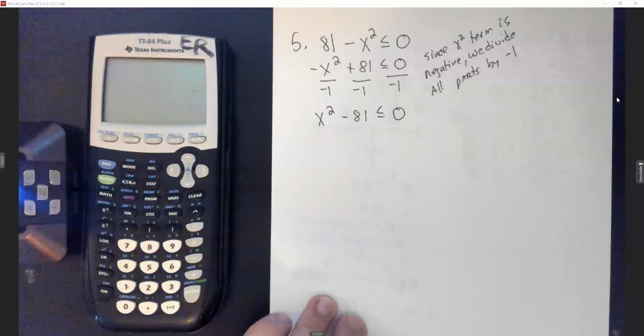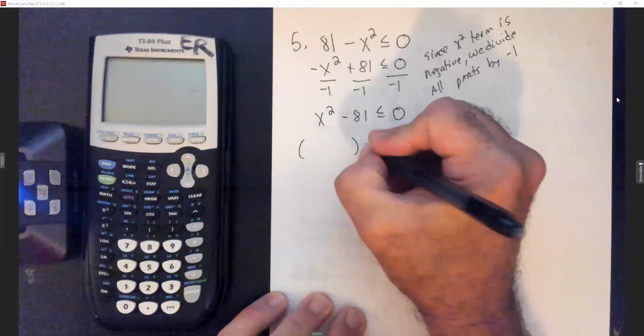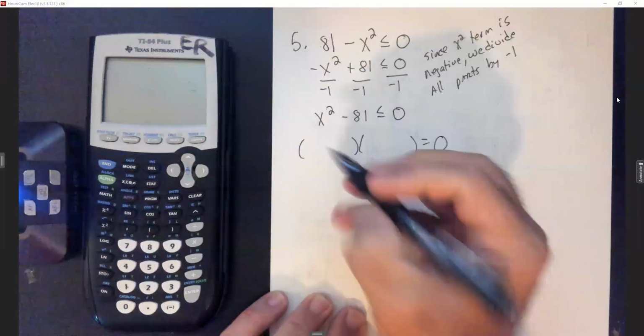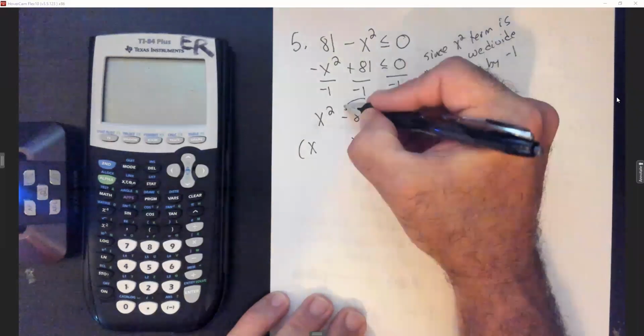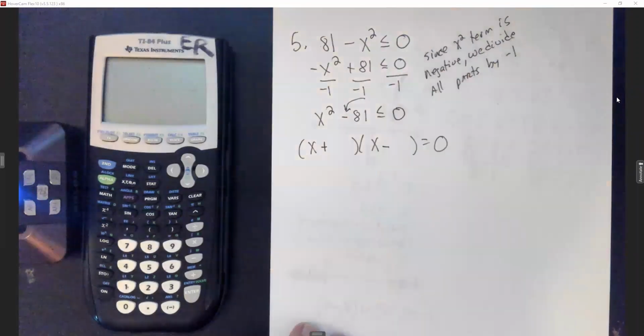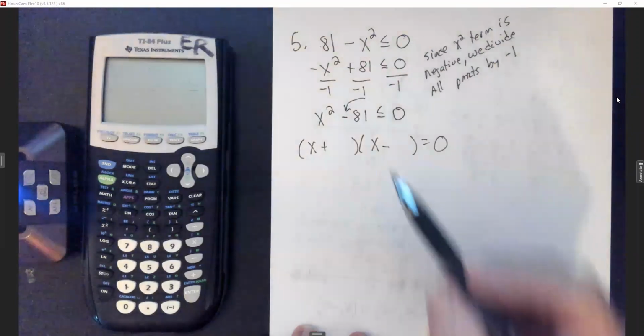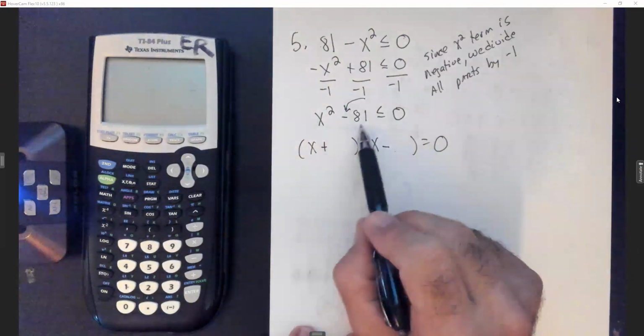Now this will factor pretty quick. X squared is an x and an x. My last number is negative, so I got a positive and a negative. Now, since that middle is 0, this is perfect squares again. So to get my numbers, all I need to know is the square root of that 81.